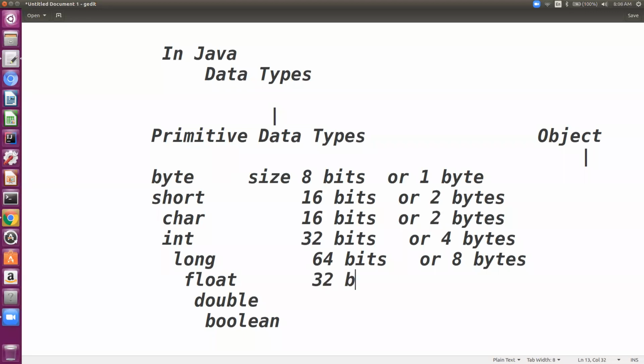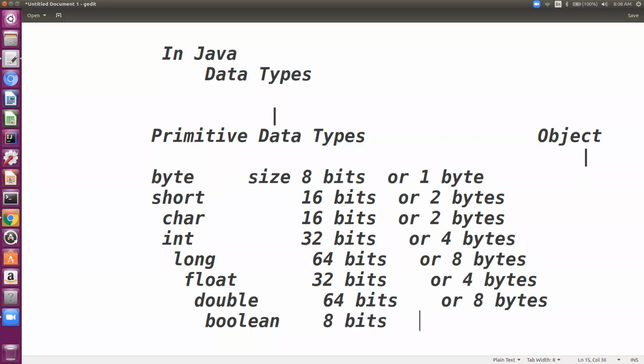Excellent. Double? 64 bits. Excellent. Boolean? 8 bits or 1 byte.